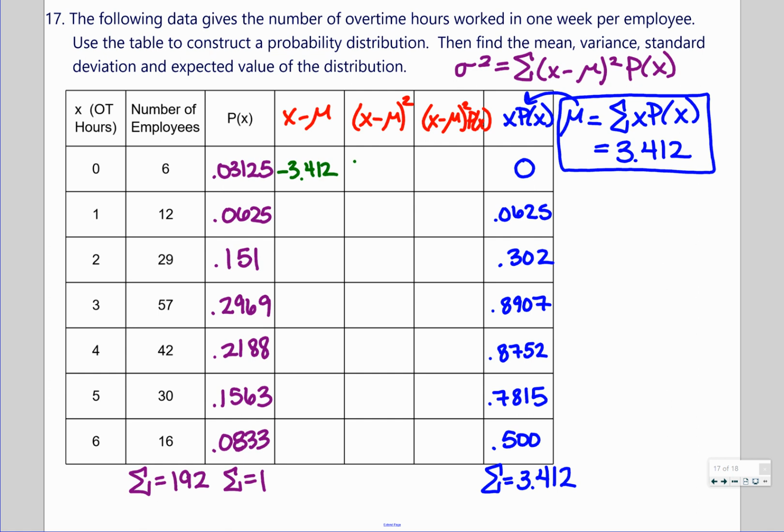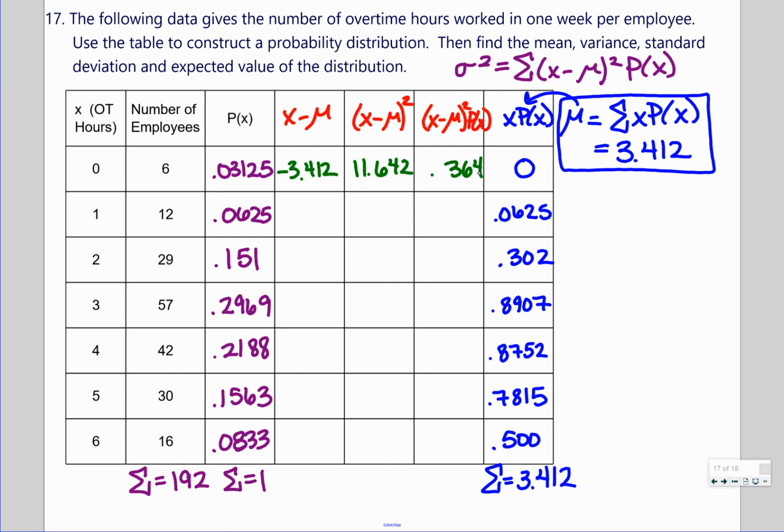We'll just stick with 3 decimal places on these. 11.642. And then to get the third column, you multiply it by its respective probability in that row. So I'm going to take that 11 number that I have in my calculator, multiply it by 0.03125. And again, to 3 decimal places, I get 0.364.